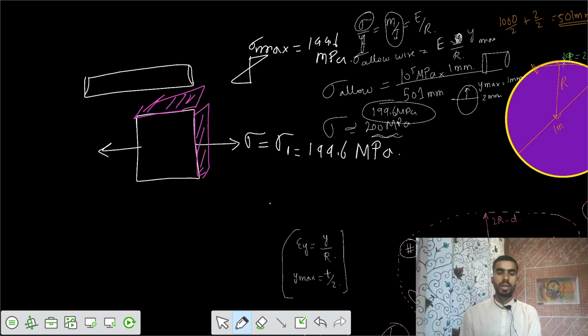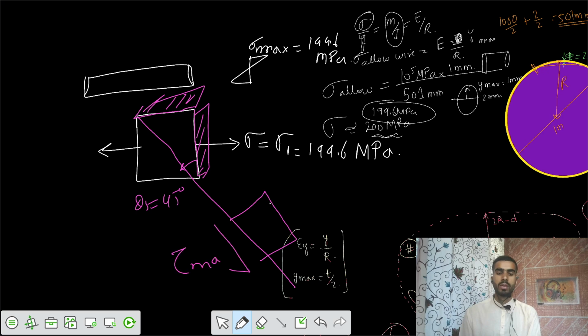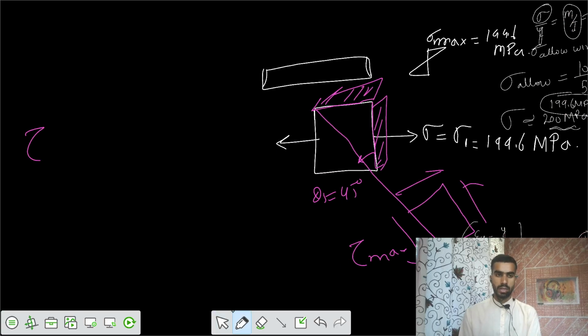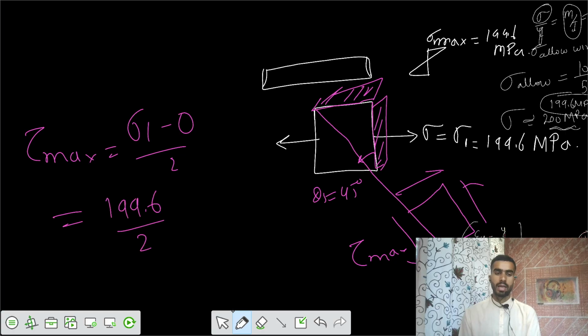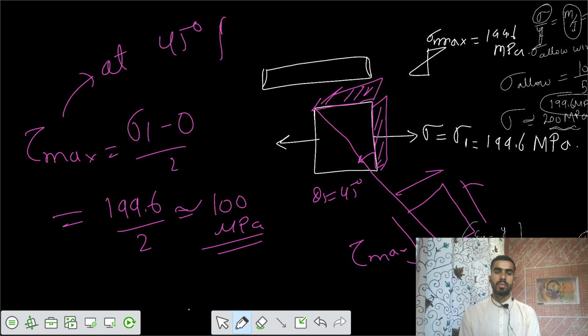For the location of the shear plane, theta shear equals 45 degrees, and you get tau max equals sigma 1 minus sigma 2 by 2, that is 199.6 by 2, almost 100 megapascal. So tau max is at 45 degrees from principal plane 1, anti-clockwise.